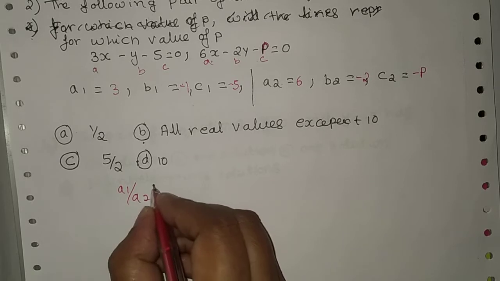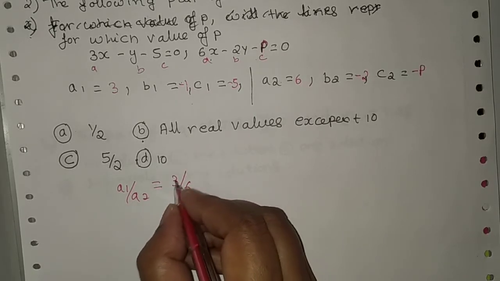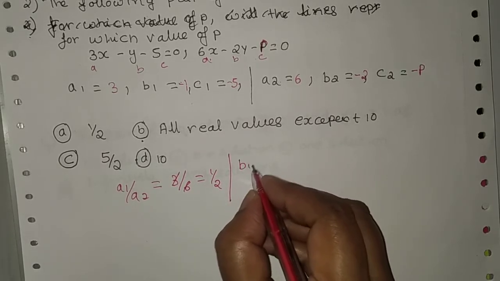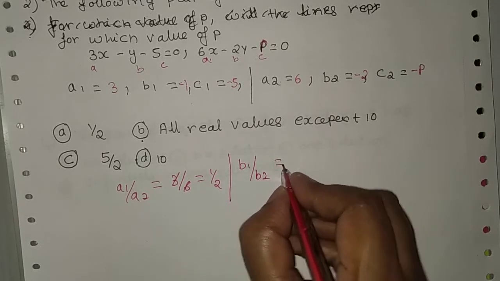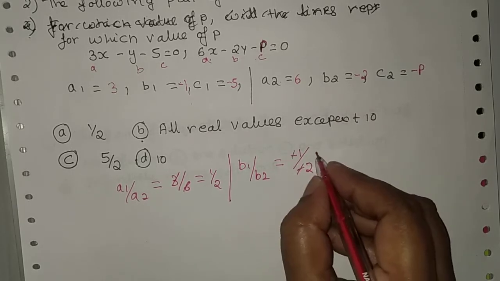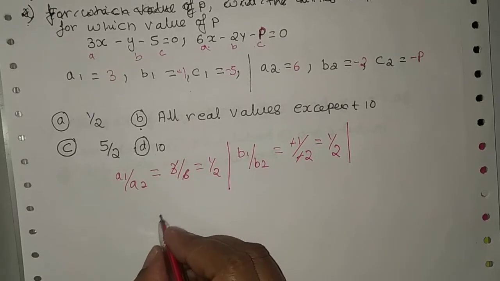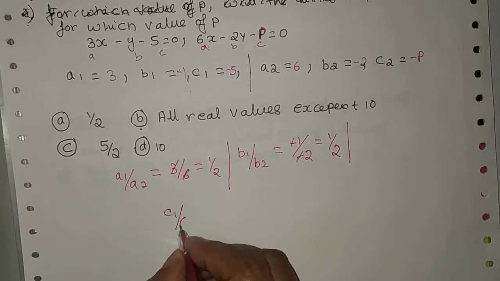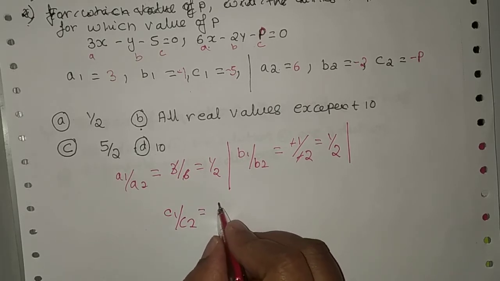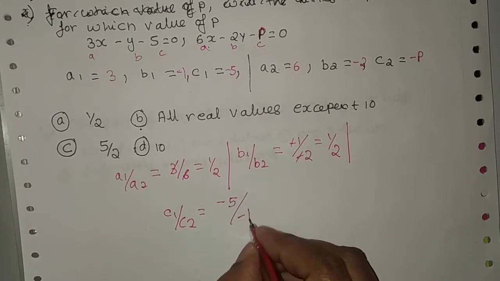a1 by a2 is equal to 3 by 6, which is equal to 1 by 2. Next we take b1 by b2, which is minus 1 by minus 2. Minus minus cancel, which is equal to 1 by 2. Next, the last one is c1 by c2, which is minus 5 and minus p.